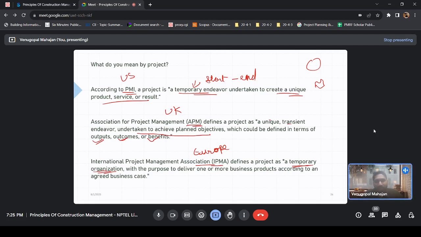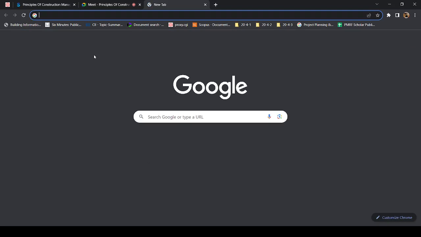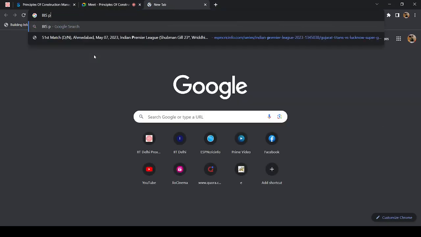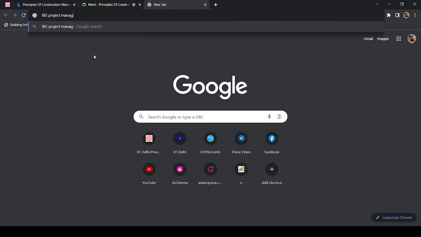Okay, so you have got IS code, project management. We have got IS code for this also. 15383, I mean, I'm not so sure about the number. Let me search and give you the right one. BIS project management.